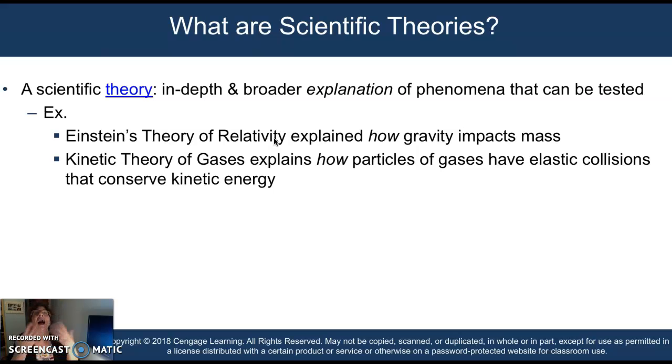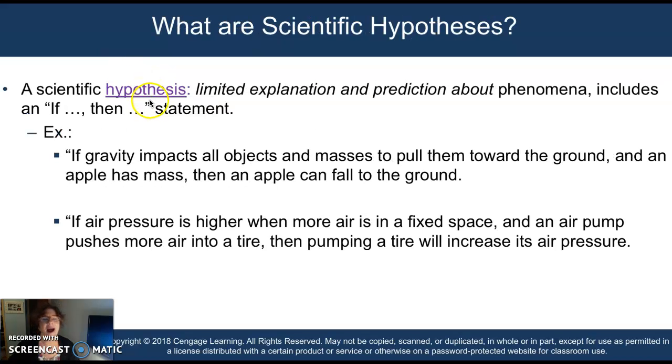It explained how this happened. In meteorology, we have a kinetic theory of gases. It explains how particles of gases move to produce air pressure. So again, the theories don't involve math. The laws do.